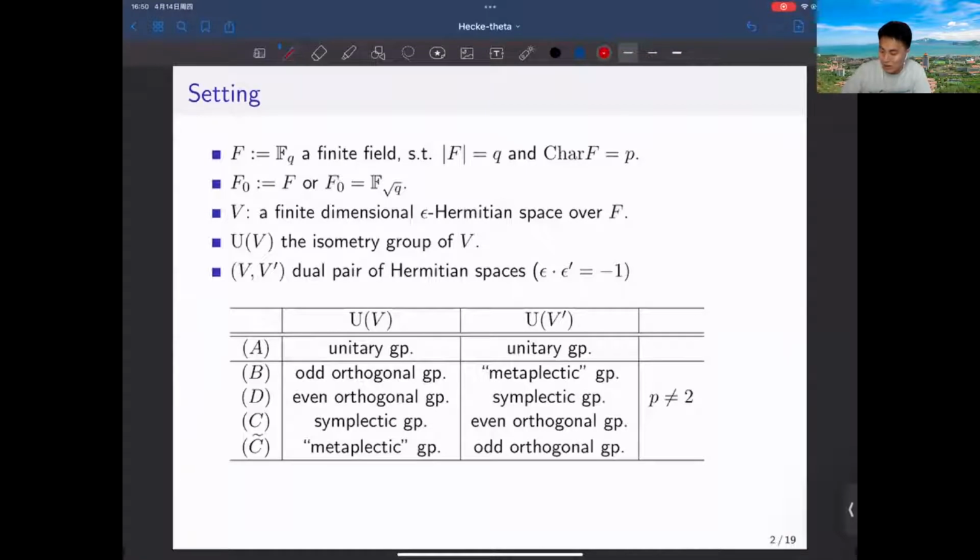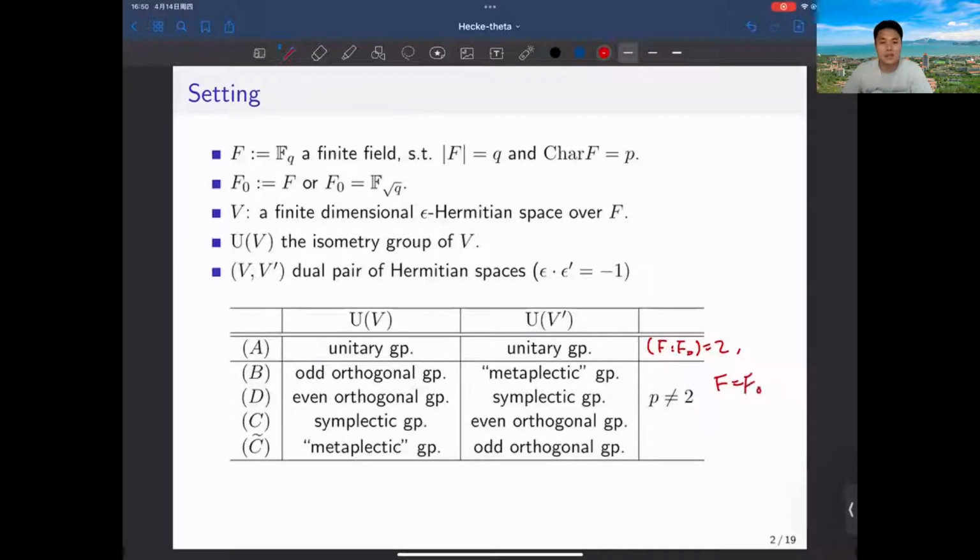We are in the type A case if, of course, F is a quadratic extension of F naught. Then U(V) and U(V prime) will be unitary groups. In the other cases, F is equal to F naught.